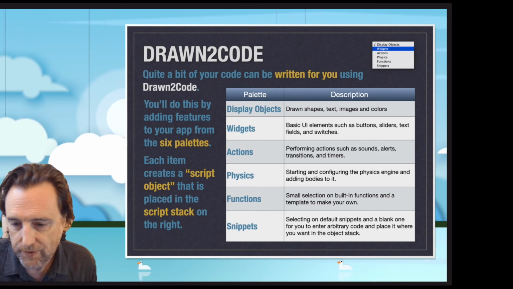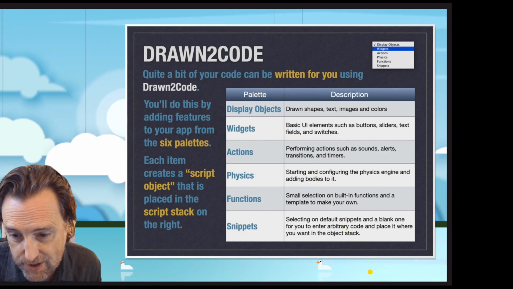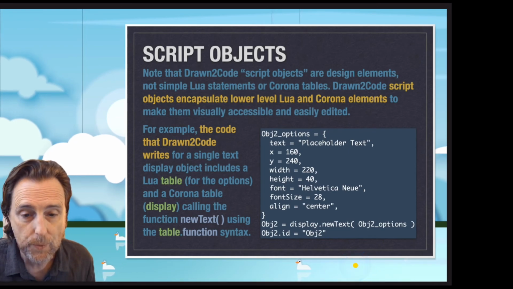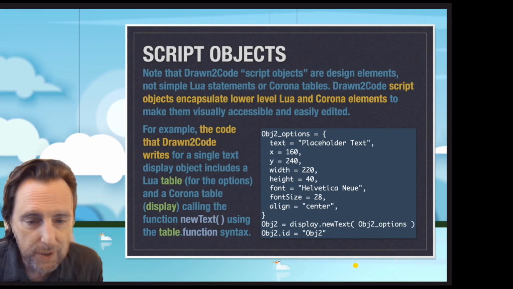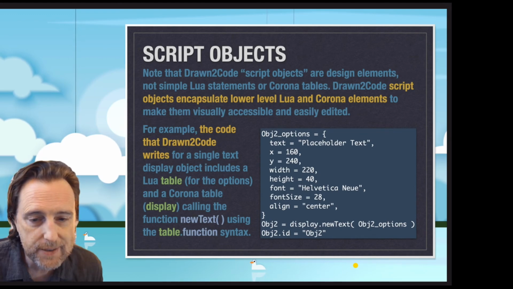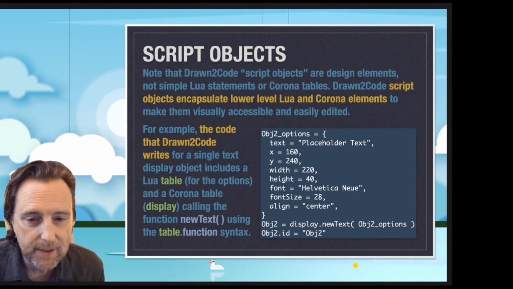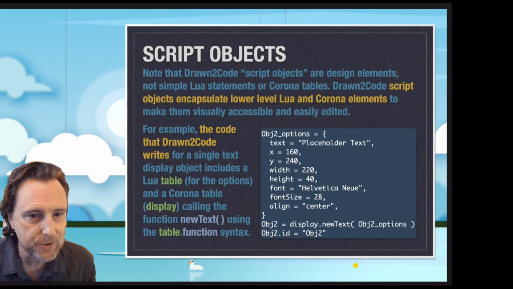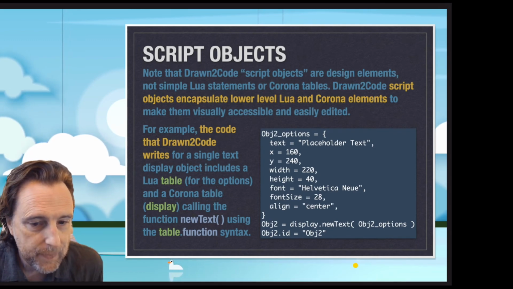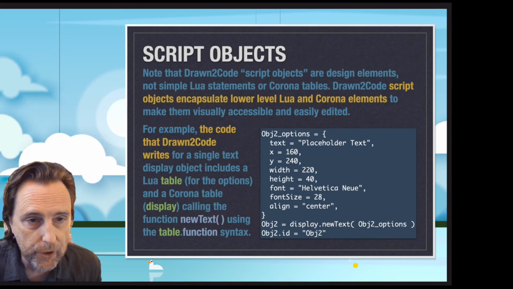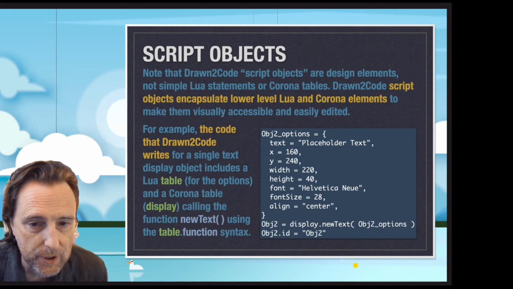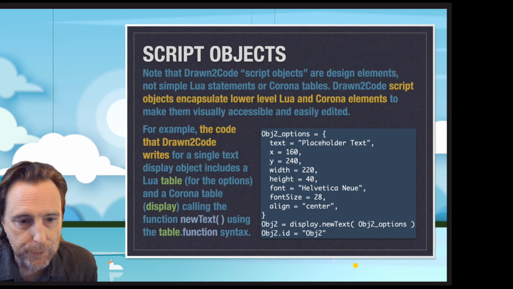And so the script object is just a term I use to represent what it is that you add to your design. So when you add stuff in Drawn to Code, it'll show up in what I call the stack. And the stack, each item in the stack is a script object, which is a bundle of Lua code that performs some task or does something for you.